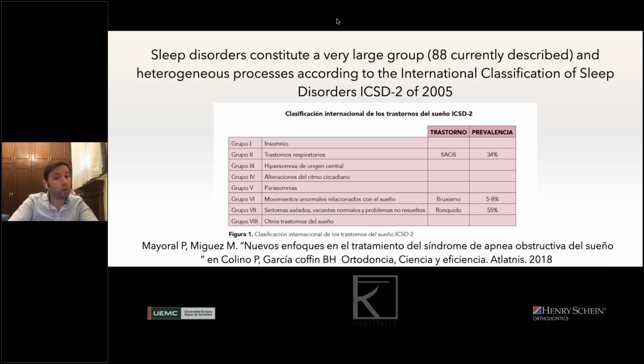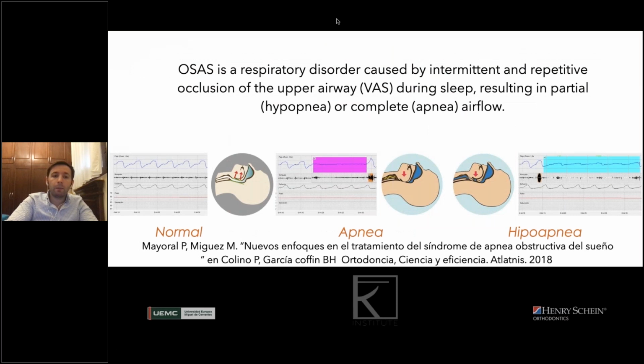Bruxism is another one, and snoring is for sure another one that we can solve in a patient. When we have hypopnea, we are going to see the image on the right. When we see sleep apnea in the polysomnography, we are going to see a flat line. The breath is not working. And on the left side, you are going to see normal breathing.